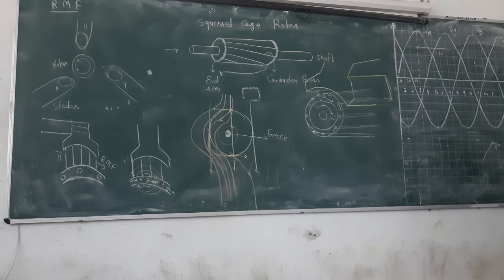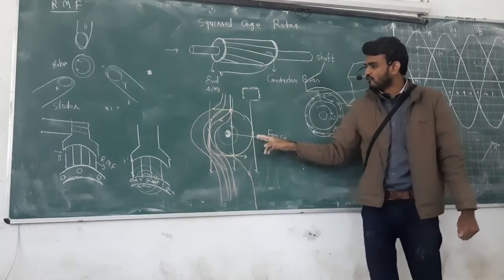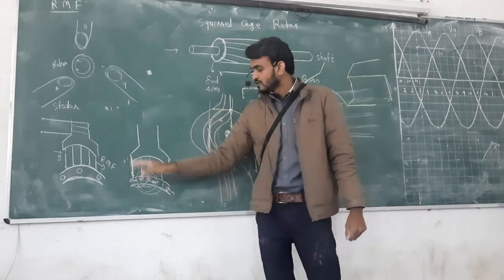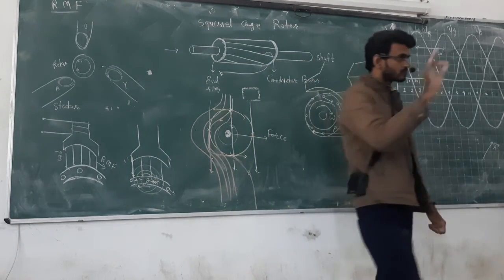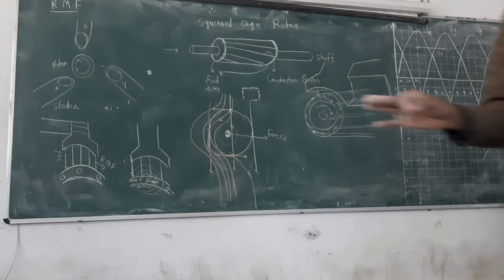I told you that it is rotating at 3000 revolutions per minute. Then the rotor will start to rotate by this principle, experience force and start to rotate. So what is the speed of the rotor? Equal to 3000, less than 3000 RPM, or higher than 3000 RPM?